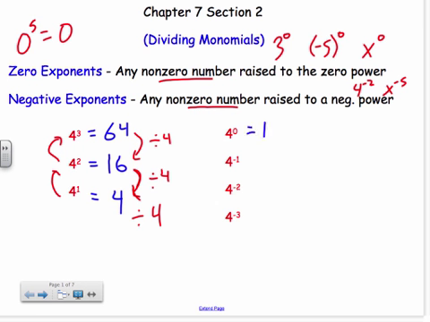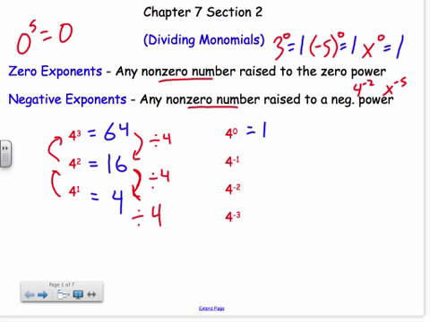Well, that's going to work for every case to the 0 power. So looking back up top, 3 to the 0 power equals 1. Negative 5 to the 0 power equals 1. x to the 0 power equals 1. Anything to the 0 power is going to equal 1. It's a very easy rule once you get it down.